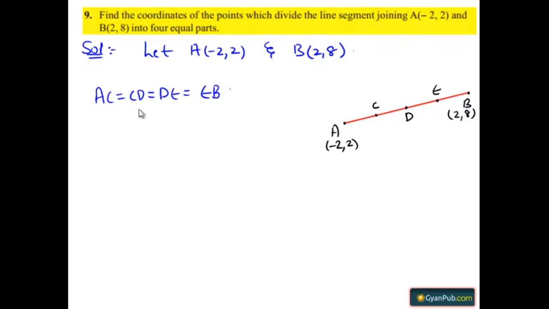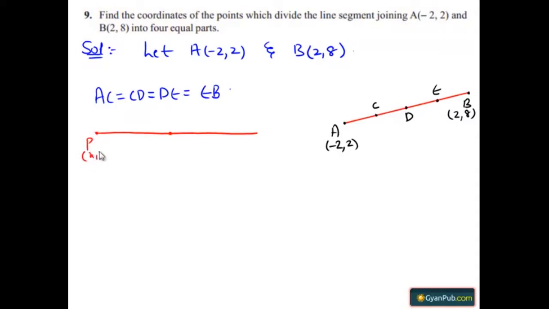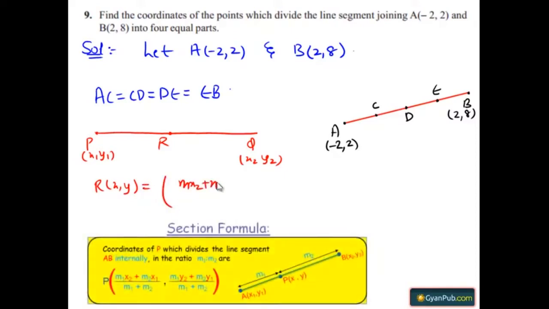We know that the coordinates of the point R which divides the line segment joining P x1, y1 and Q x2, y2 is given by R x, y equals mx2 plus nx1 whole divided by m plus n, my2 plus ny1 whole divided by m plus n.